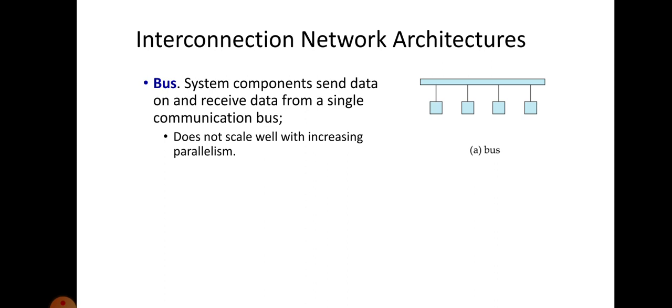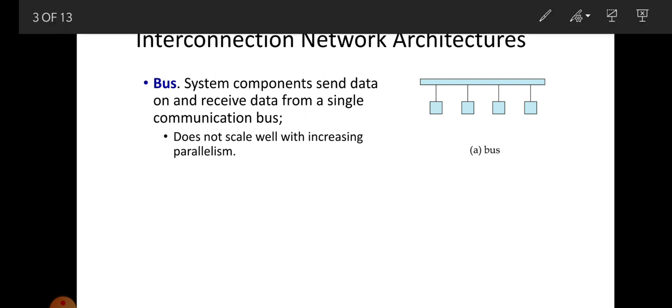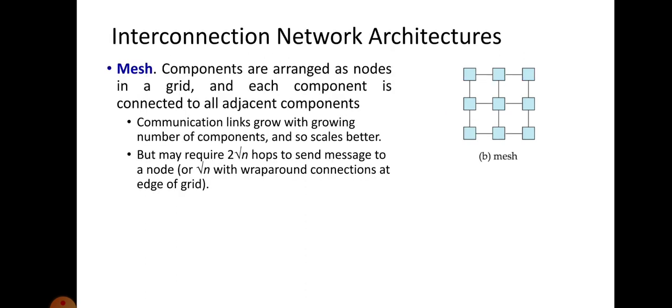In the bus system, all the components receive data from the single communication channel, so it is somewhat slower in transaction processing too. So, in the mesh interconnection network architecture, the components are arranged as nodes in a grid, and each component is connected to the adjacent component.